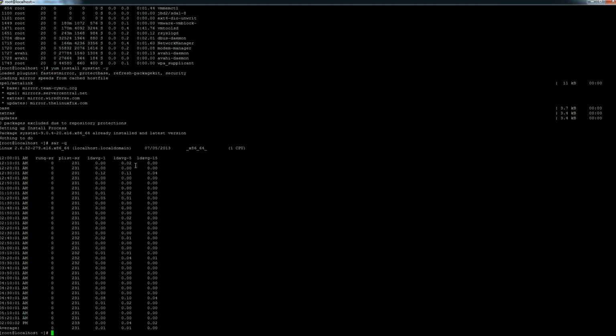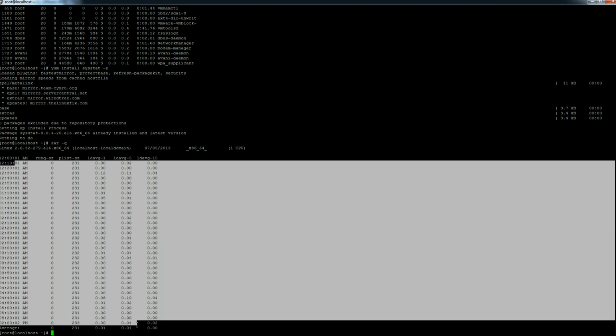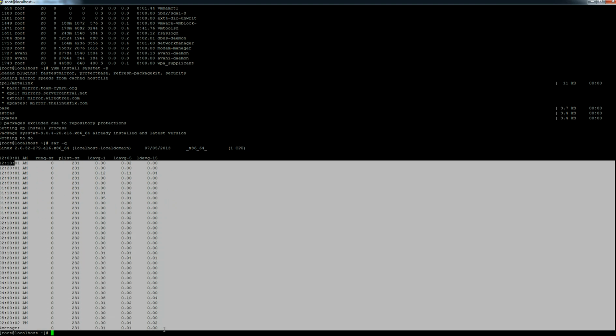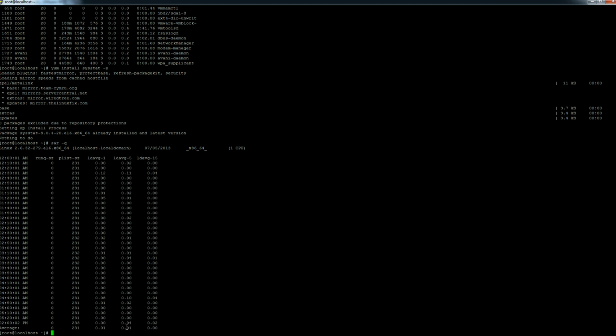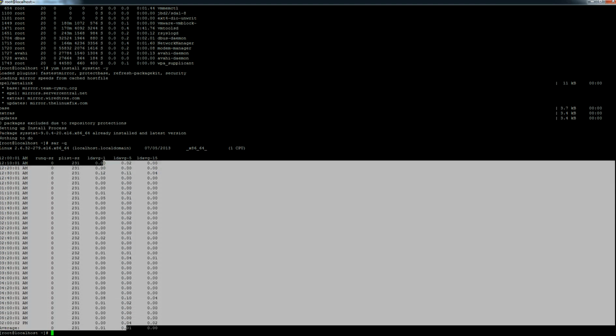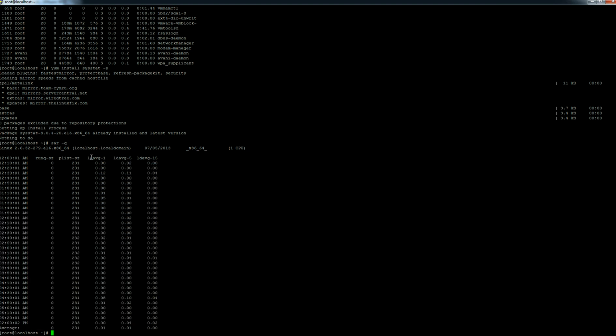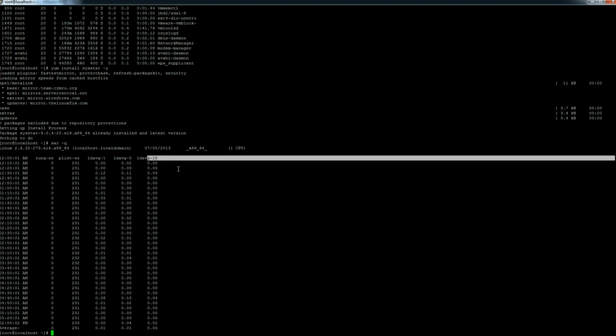What this does is sar keeps track of your system states, in this case over the past 24 hours. So you can see here my load averages since 12 a.m. It hasn't really changed much since then, but you can see the 1 minute, the 5 minute, the 15 minute.